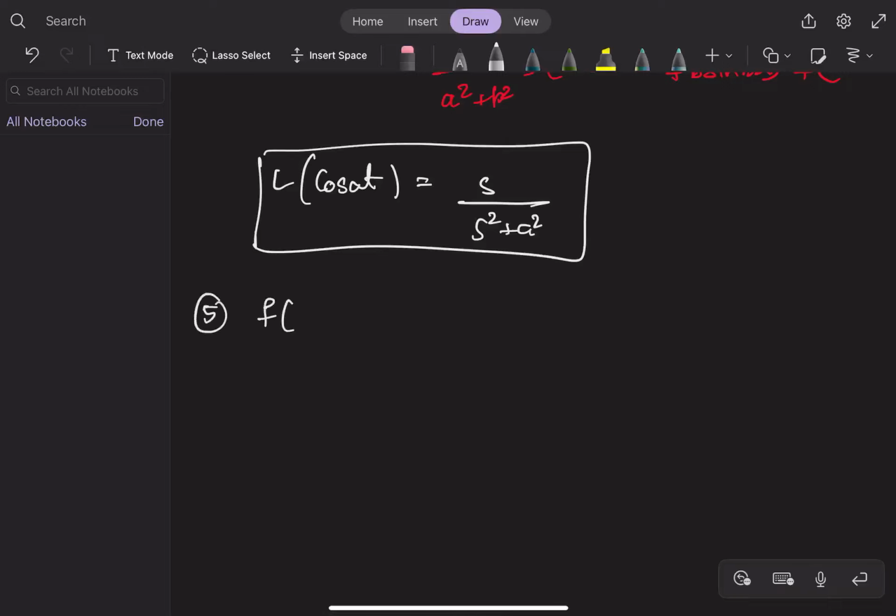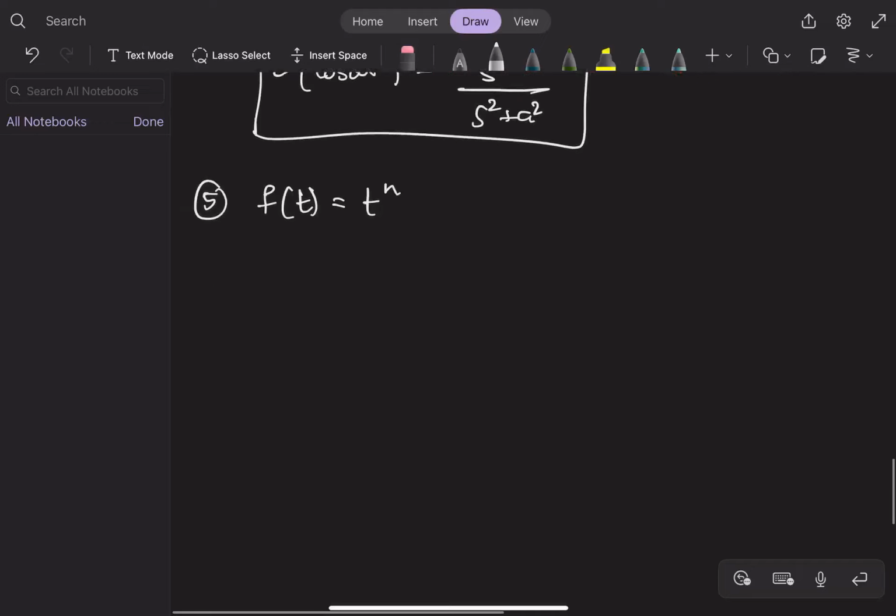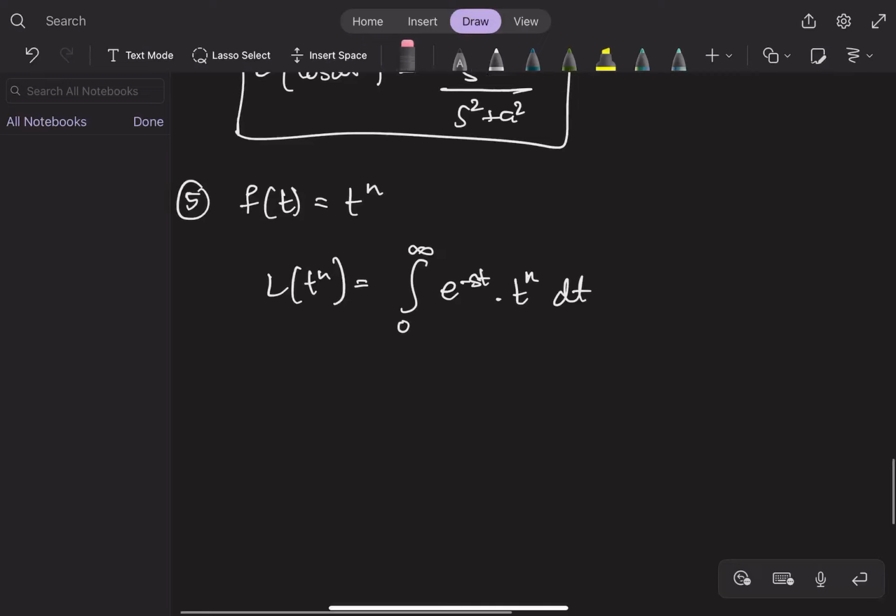Here your f(t) is t raised to n, where n can be any number 1, 2, 3, 4. So Laplace of t raised to n is integral 0 to infinity e raised to minus st multiplied by t^n dt. So here what we are gonna do, we're gonna write st as x. So you get s dt as dx.